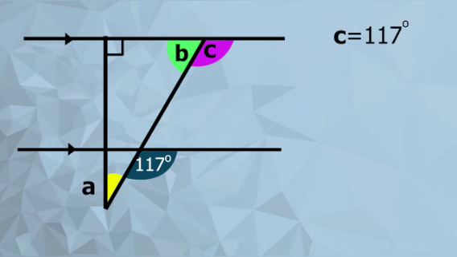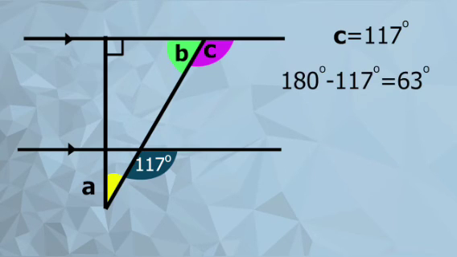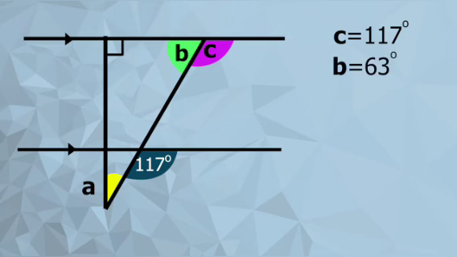Now, B and C are on a straight line, and we know that that adds up to 180 degrees. Therefore, B will be equal to 180 minus 117 degrees, and that is 63 degrees. So B is 63 degrees.